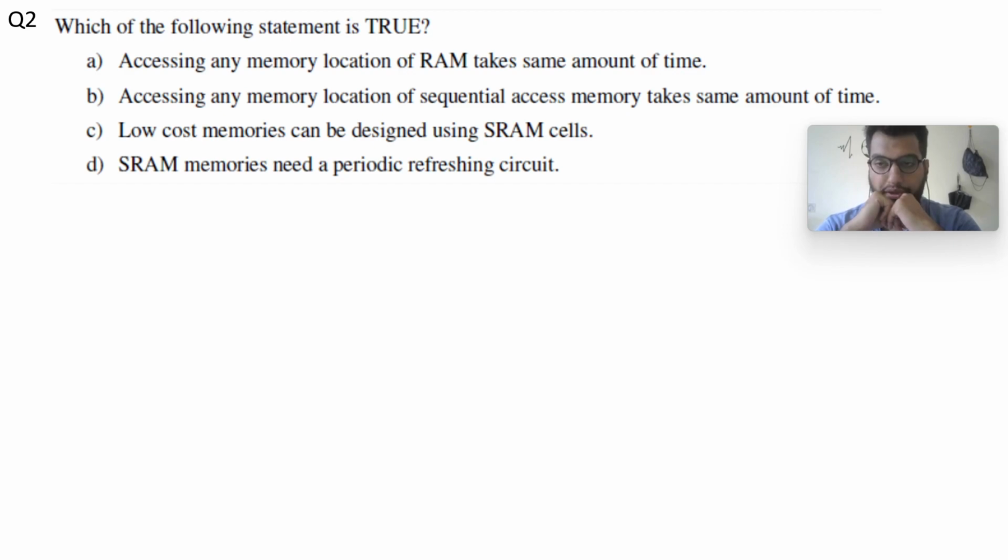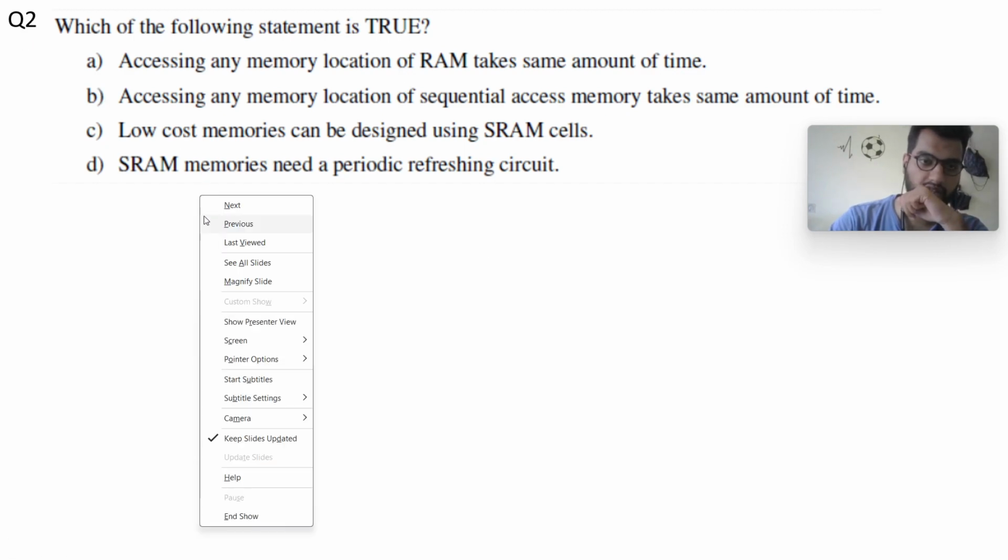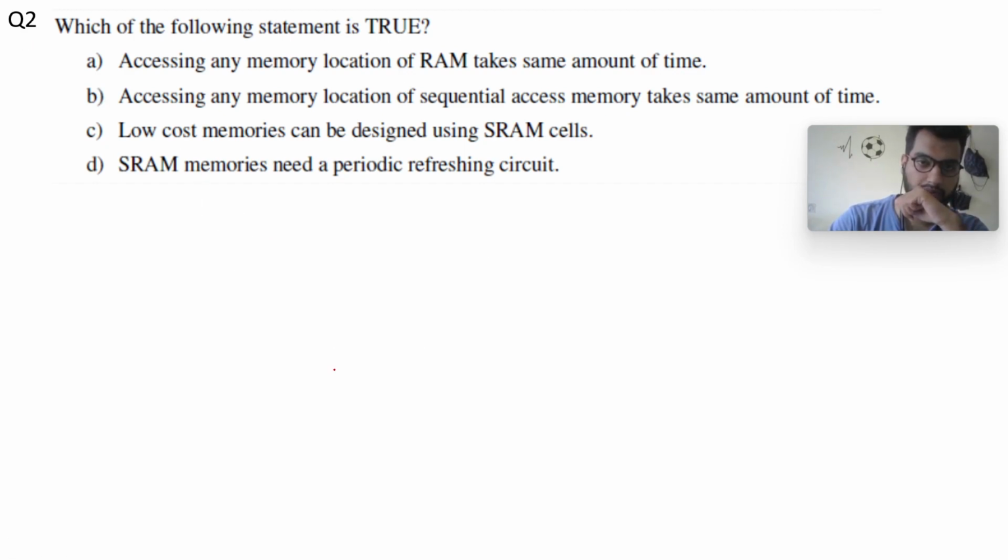Among the four options, only one is correct, and that is option A: accessing any location in a RAM takes the same amount of time. SRAM cells are costly, their speed of operation is quite high, and they don't need any refreshing circuit. They are a volatile memory. So only option A among the four options was correct.